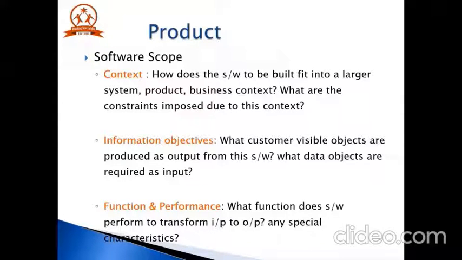Information objectives: what customer-visible objects are produced as output from this software, and what data objects are required as input? When establishing the system function and performance parameters, the manager identifies what functions the software performs to transform inputs to output, and whether any special characteristics are required by the system to produce the desired output.